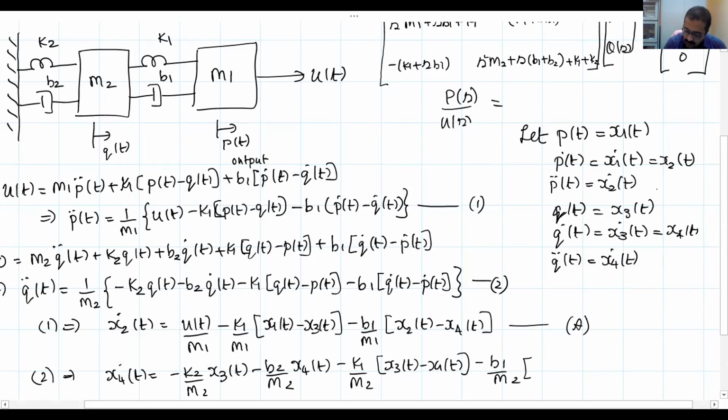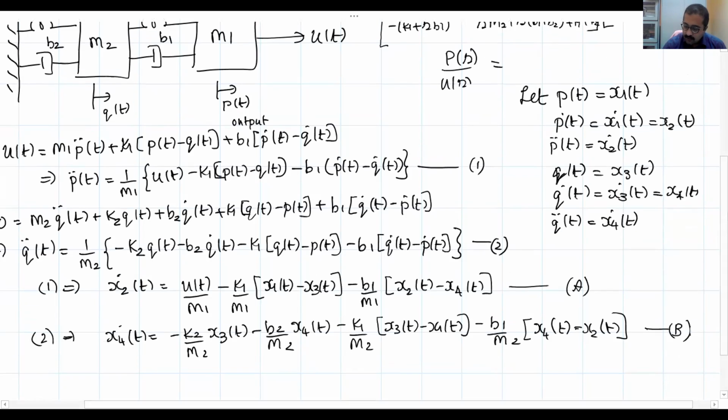Q dot is x4 and P dot is x2, so x4 minus x2. This is equation B.